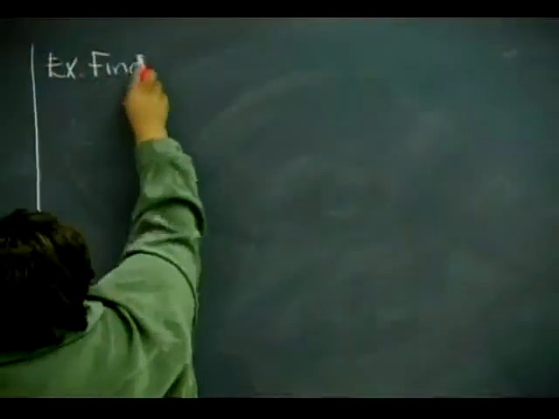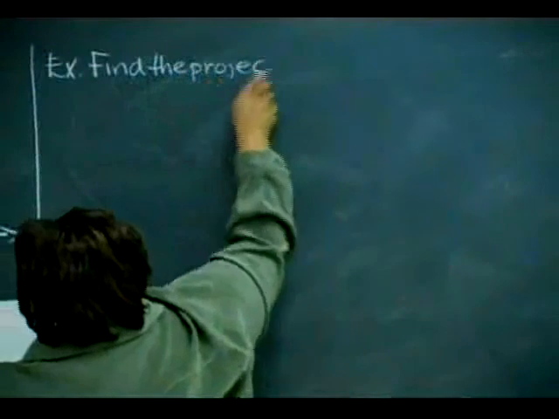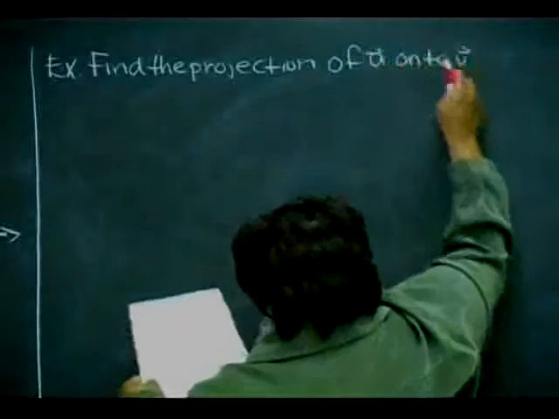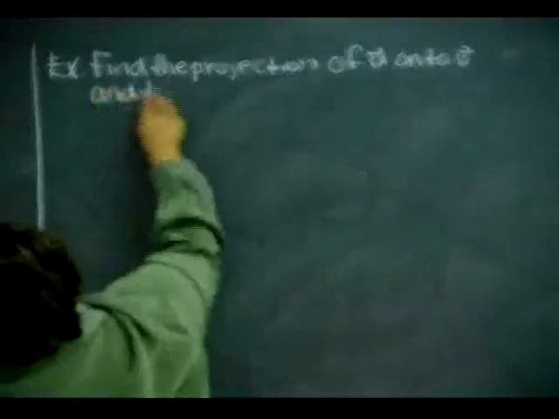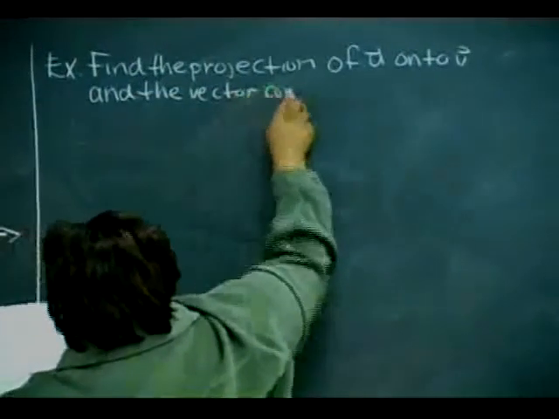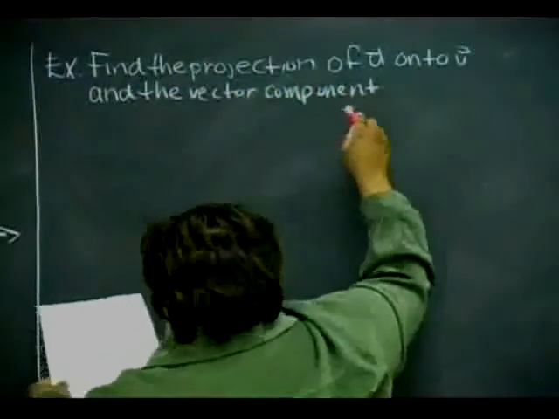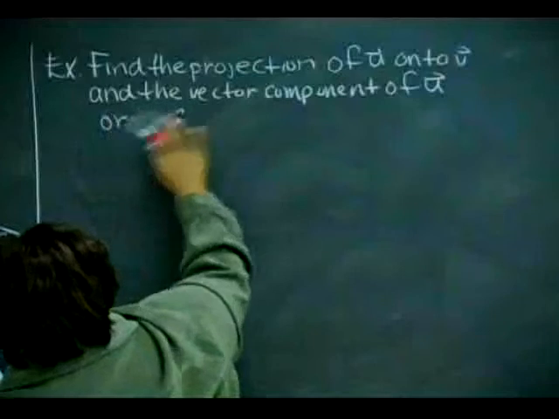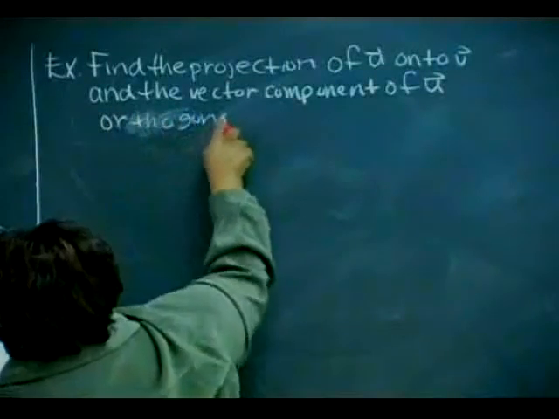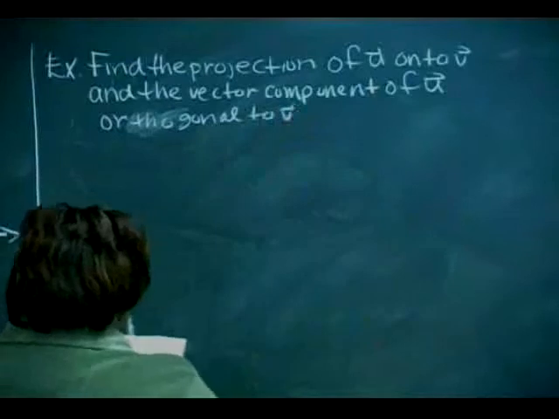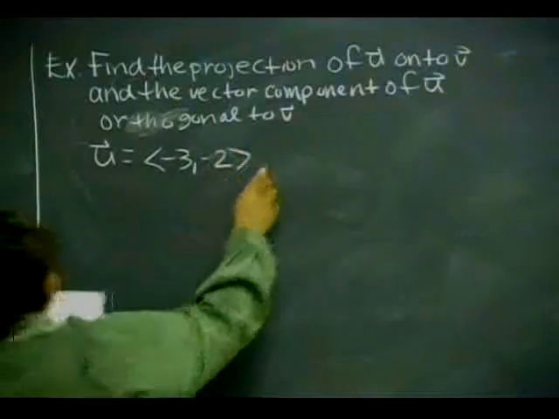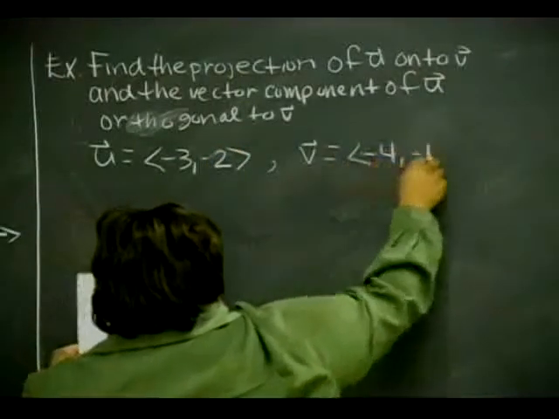So an example may read: find the projection of U onto V and the vector component of U orthogonal to V, where they give us that U is -3, -2, and V is -4, -1.